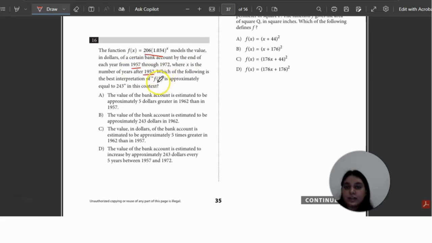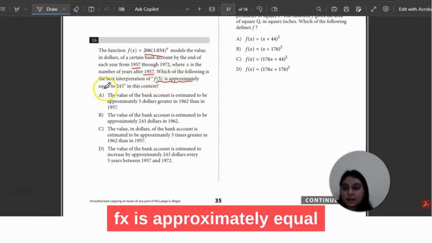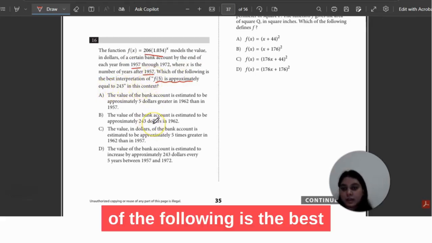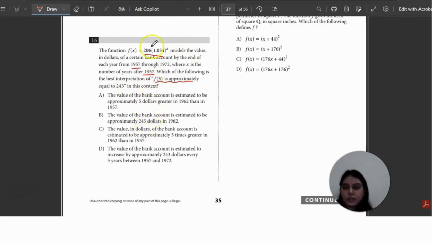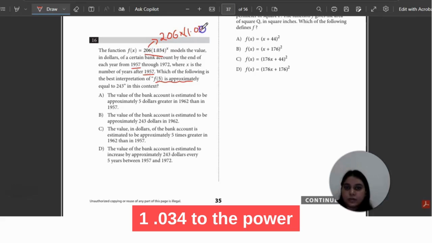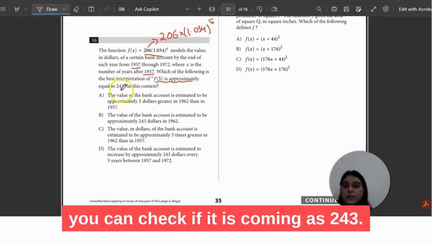A statement is given that f(x) is approximately equal to 243. Which of the following is the best interpretation of it? They have already given that f(x) is 243, so we don't need to calculate, but the calculation was easy. Calculator is allowed: 206 multiplied by 1.034 to the power 5. By calculator, you can check if it's coming as 243.